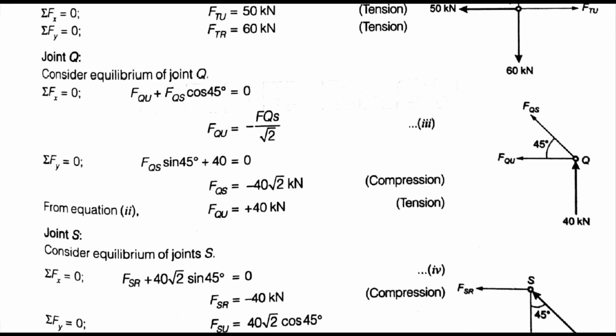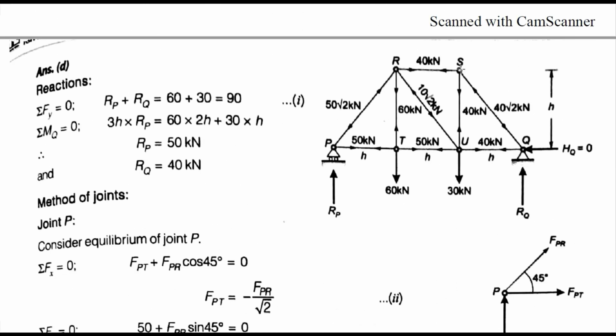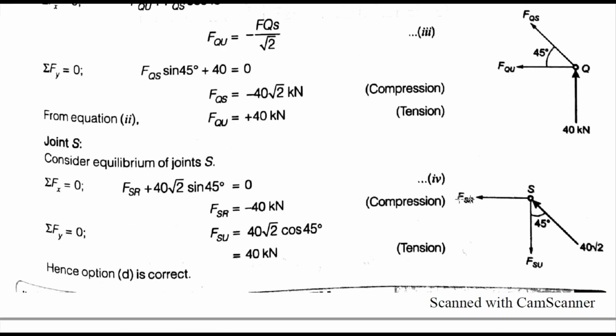So now consider joint S again. This is your joint S here. Draw the free body diagram of this joint. This is your FSR member here, and this is your FSU. We know the value of QS is 40 root 2. We already calculated it here, so it is minus 40 root 2, minus meaning compression. So summation of Fx is equal to 0.